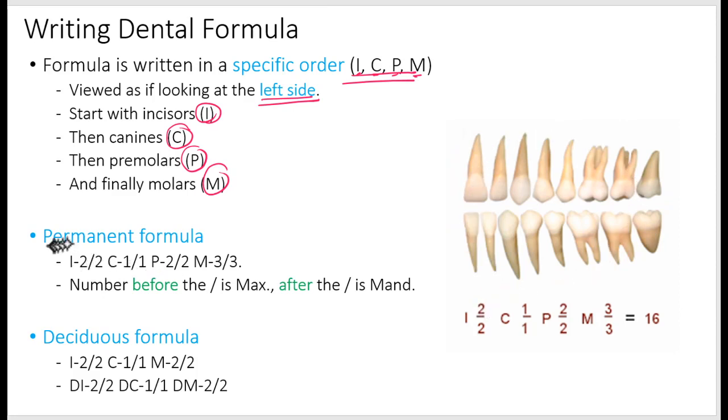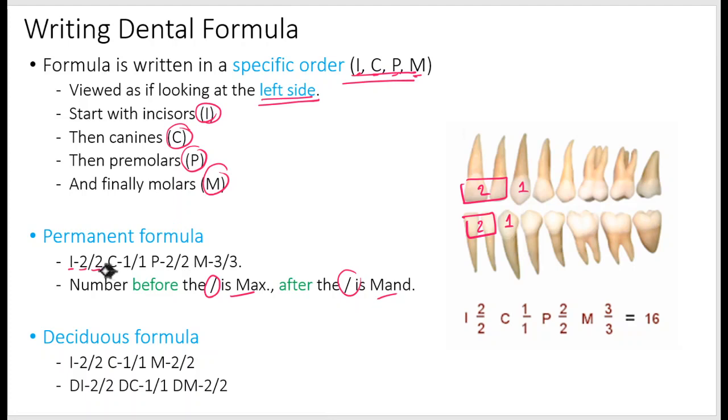So the way that we're going to do it for permanent teeth, you have I 2 over 2, which means 2 on the maxillary arch and 2 on the mandibular arch. So the number before the slash is for the maxillary, the number after is for the mandibular. So here, canine, we have 1 and 1.